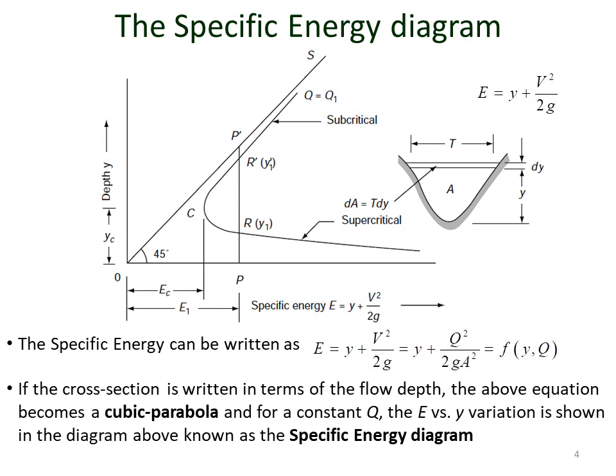If we write the flow cross section in terms of the flow depth in the second term, then you can see that it becomes the expression of a cubic parabola for a constant discharge.